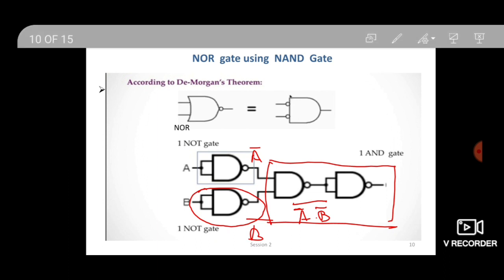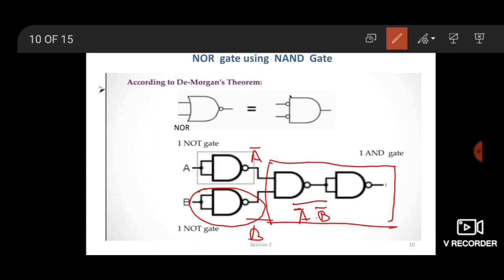Then what is the final output here? Double bar A bar dot B bar. Now using De Morgan's theorem, NOR gate is equivalent to bubble AND gate, meaning A bar dot B bar is equal to (A plus B) bar.